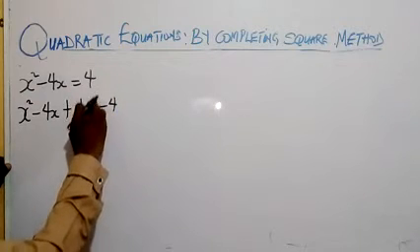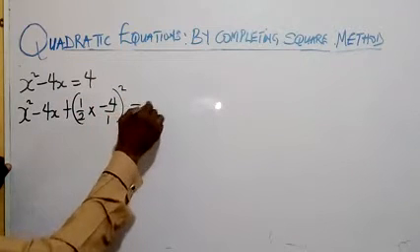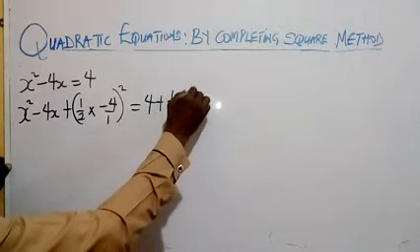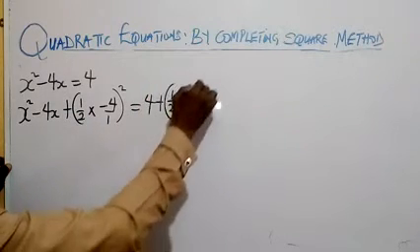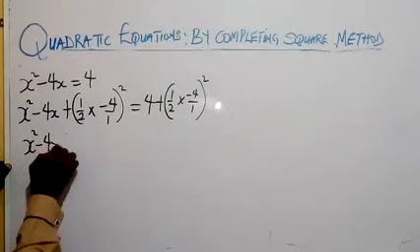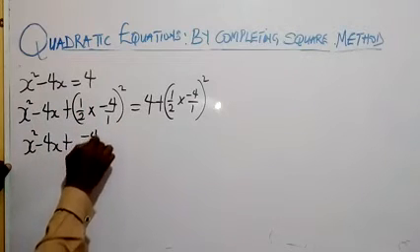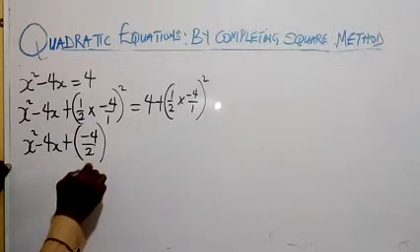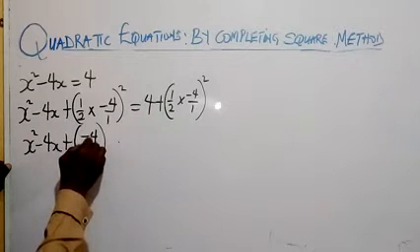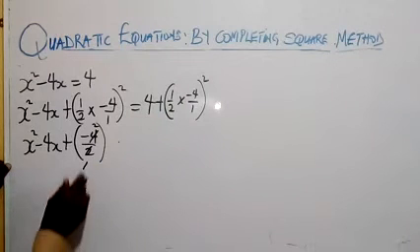Over 1, all squared. You do the same thing to both sides. Plus 1 over 2 multiplied by minus 4 over 1, all squared. We have x squared minus 4x. Let's deal with this. 1 times minus 4, you have minus 4 divided by 2, and from here you can cancel out. 2 here 1, 2 here is 2.